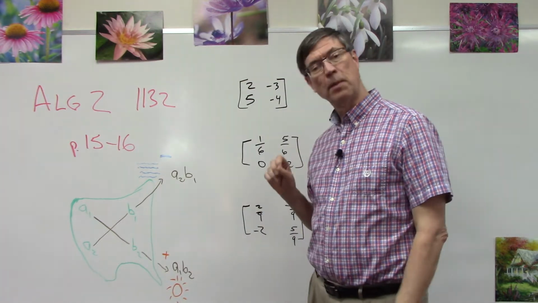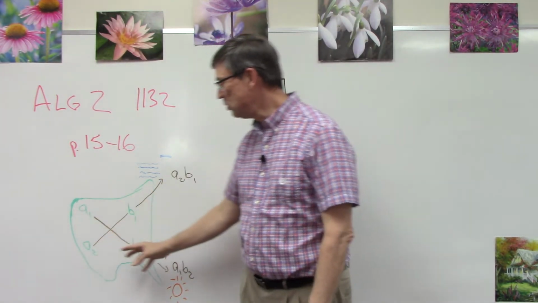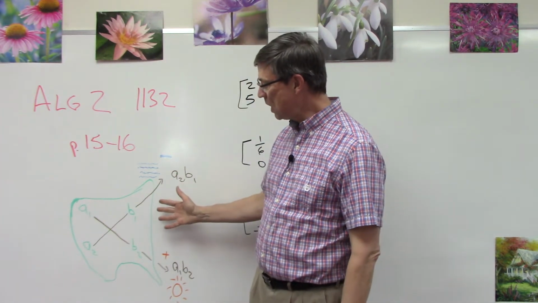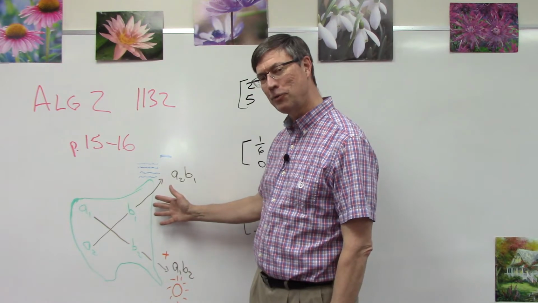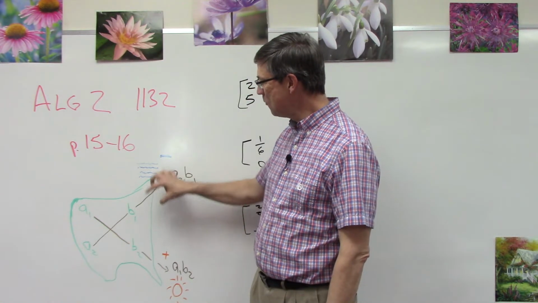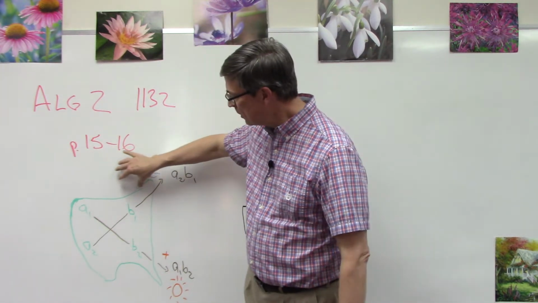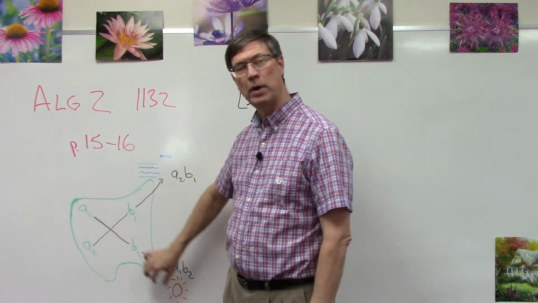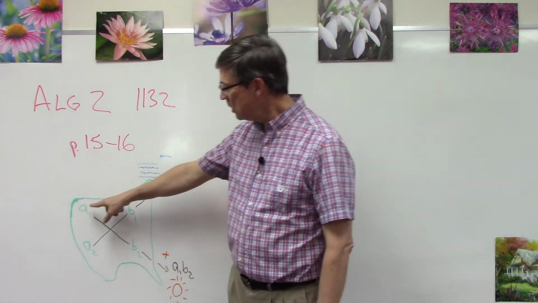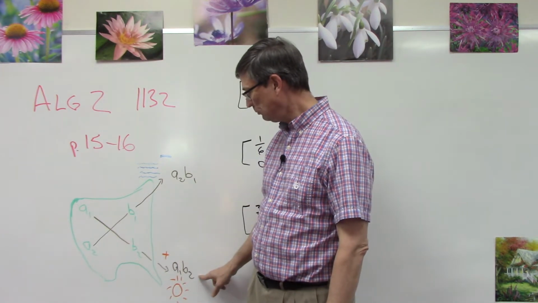I found this in another book that I thought was a helpful way to visualize this. This is a very sad picture illustrating the United States geography. So up here we have New England and Maine, okay? Canada up here, Texas, California, Florida. So we start here and we cross multiply A1, B2.